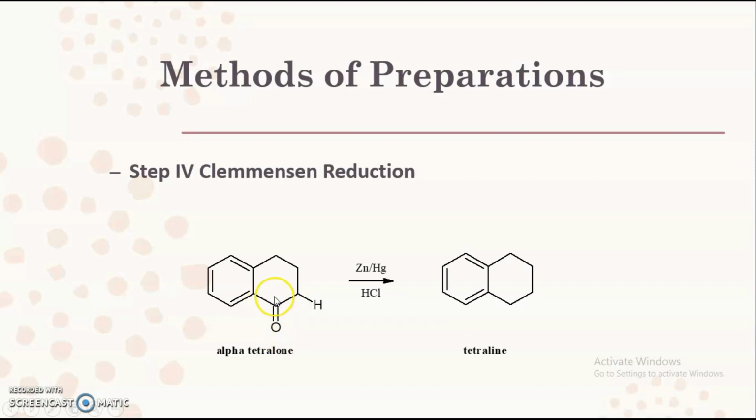For this removal we are going to perform the Clemmensen reduction, where alpha tetralone reacts with zinc amalgam. Clemmensen reduction means we perform the reduction of the compound in the presence of zinc amalgam and hydrochloric acid, that is, a mineral acid, which leads to the formation of tetralin.